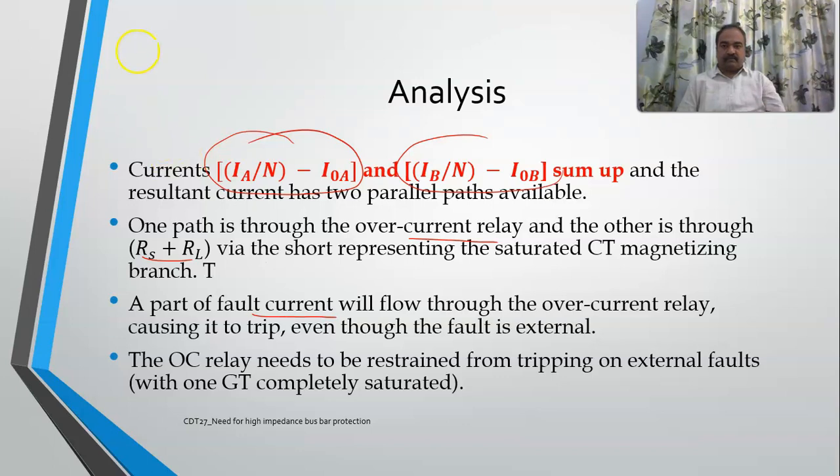See, I will draw the circuit here. There were two currents coming, right? This was IA by N minus I0A. This was IB by N minus I0B. Both currents are supposed to flow either to this overcurrent relay, or to the saturated CT.